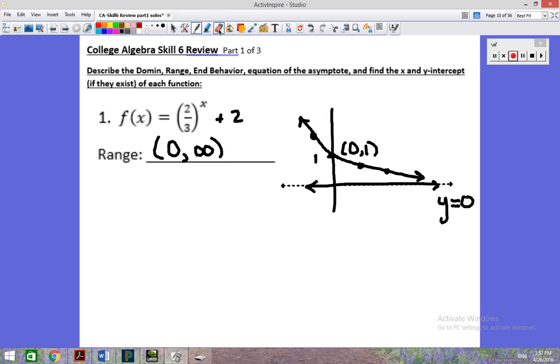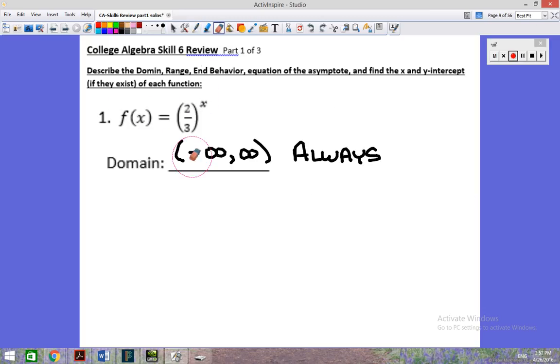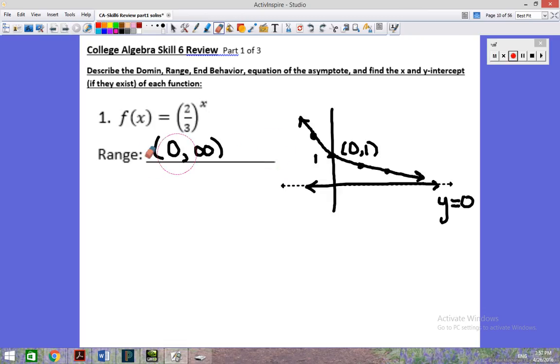Or maybe you have a reflection across the x-axis, where the range would be negative infinity up to 0. Whereas the domain of any exponential, no matter what transformation you have on it, is always all real numbers. You do have to stop and look at the specific function at hand to determine the range.